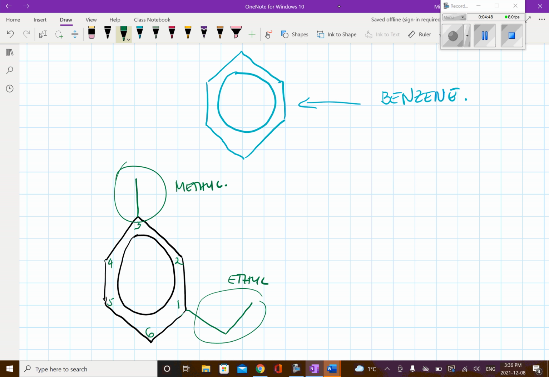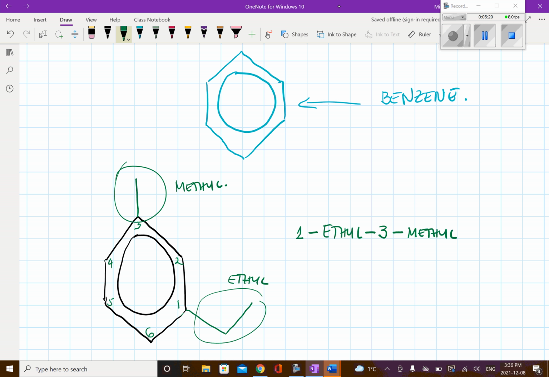So the first branch is ethyl, and then when we name it, same as we do with every aliphatic, we give the position of the branch, then dash, the name of the branch, ethyl, dash, the position of the other branch, 3, not 2, 3, dash, and then the name of the other branch, methyl.